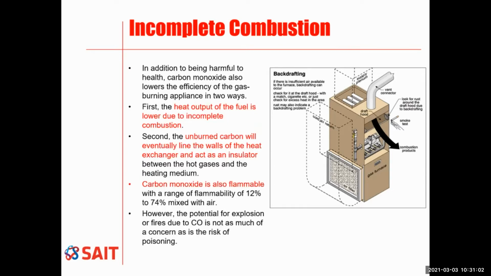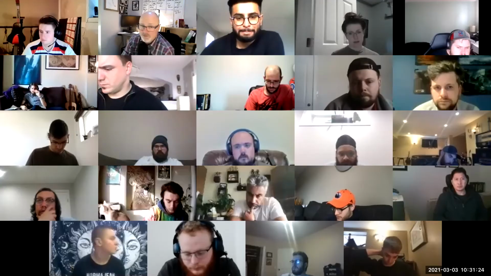So in addition to being harmful, carbon monoxide also lowers the efficiency of the gas burning appliance. First, heat output to the fuel is low due to incomplete combustion, and then unburned carbon will eventually line the walls of the heat exchanger and act as an insulator. And guess what? Carbon monoxide is also flammable.